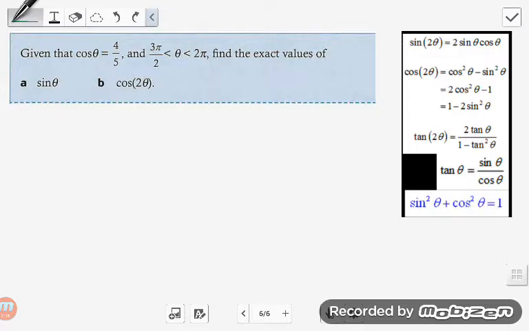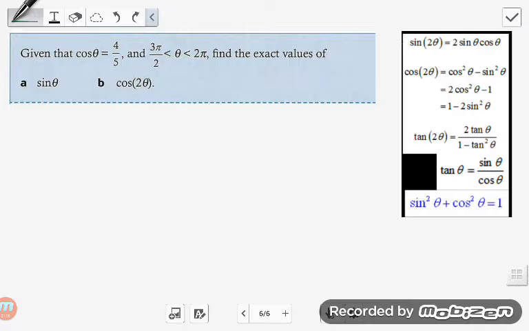So we know that I have an angle theta, and cosine of theta is 4 over 5. Cosine of theta is equal to 4 over 5. So again, if you look at your unit circle, it's not going to help us at all, right? Because the unit circle only focuses on those special angles, and this angle apparently is not one of those special angles.